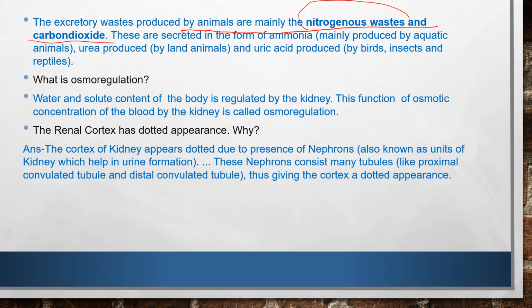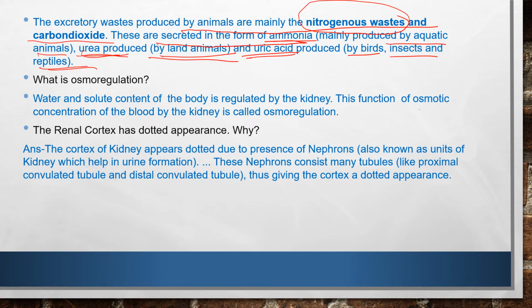The nitrogenous wastes are secreted in the form of ammonia by aquatic animals. Urea is formed by land animals, and uric acid is produced by birds, insects and reptiles.